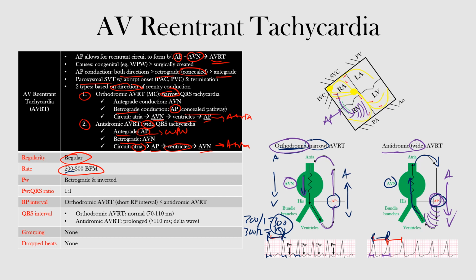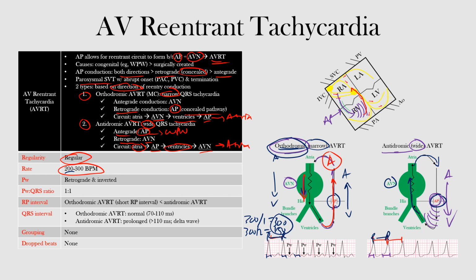Now in terms of the P waves, in this case we're going to have retrograde and inverted P waves. So why is that? Notice in this orthodromic case, we're coming down antegradely through our AV node, and then we come back retrogradely, and that's where we start depolarizing our atria. Because of that, we're going in the opposite direction from our sinus node.